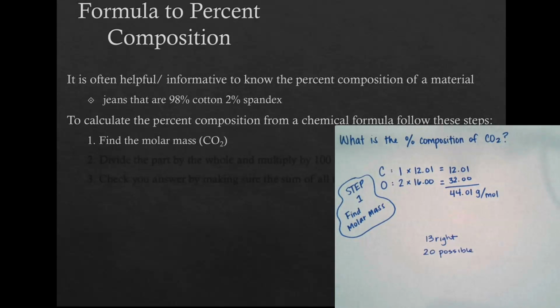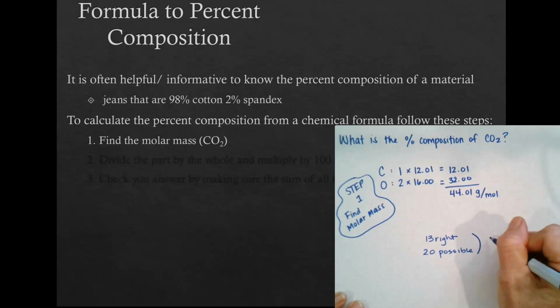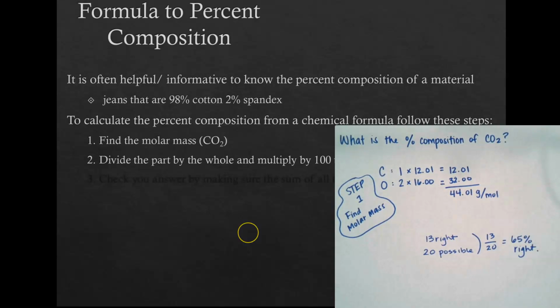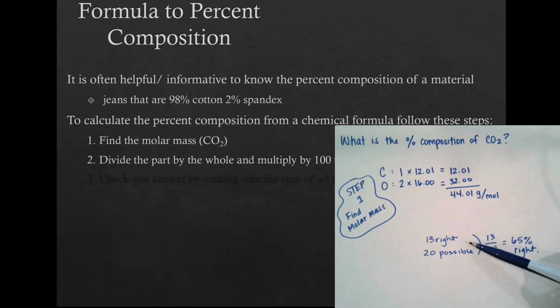In order to figure out your score, you would do 13 divided by 20 because that would tell you the part that you got correct on the test. You got 13 out of 20, or 65% right. In order to find that percentage, we are dividing the part, the 13 that you got correct, by the whole, the 20 that were possible, and multiplying by 100 in order to get your percent.